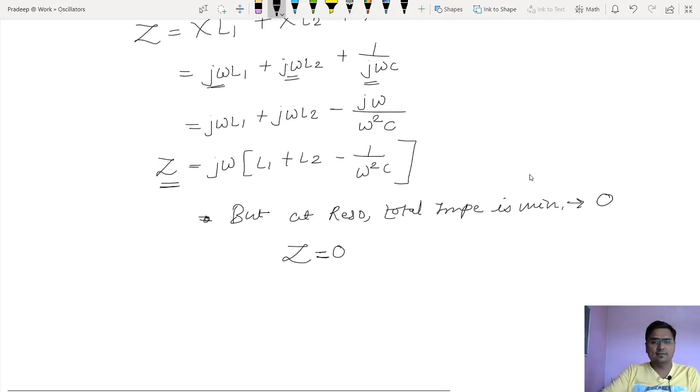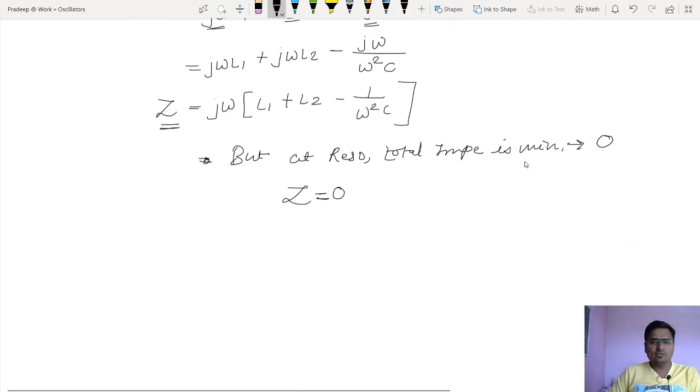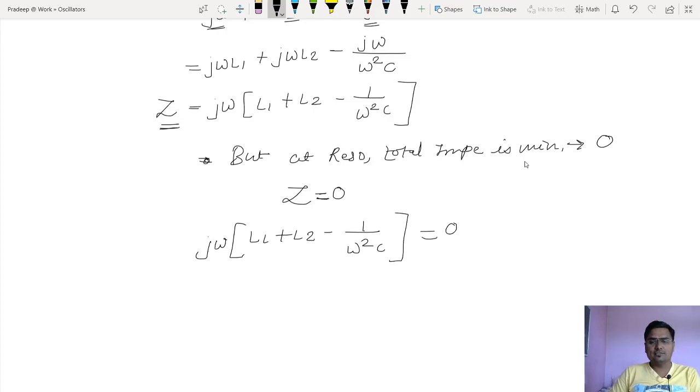So when I say the impedance equals 0, I write that j omega multiplied by L1 plus L2 minus 1 divided by omega square C, that whole thing becomes 0.